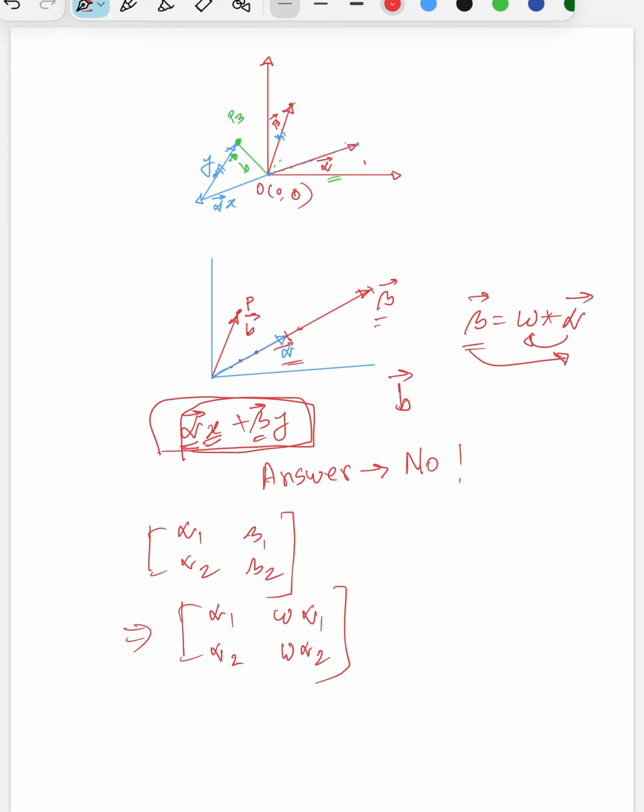In that case, we say that this is linearly dependent, and also we can say that this matrix A is singular, and also non-invertible, and also we do not have a unique solution for this.